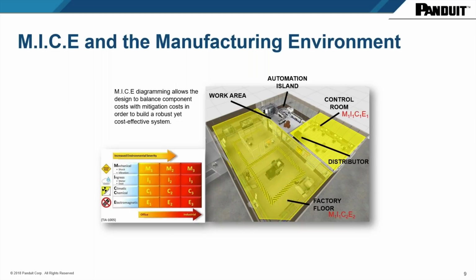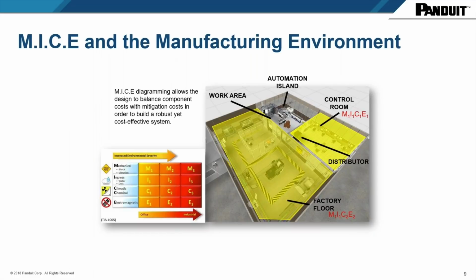When you start looking at the rest of the work areas, you will recognize that in some instances you have a similar environment to the control room. And where do you find that? You find it as you look at the entire manufacturing space. There are places within the manufacturing space, say at the ceiling level, where you're running generally all of the main communication.